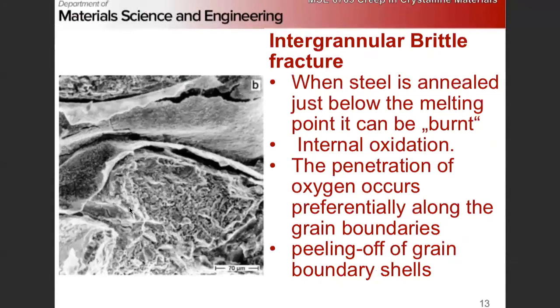And the mechanisms of this internal oxidation are varied and confusing. There's a lot that can go on here.